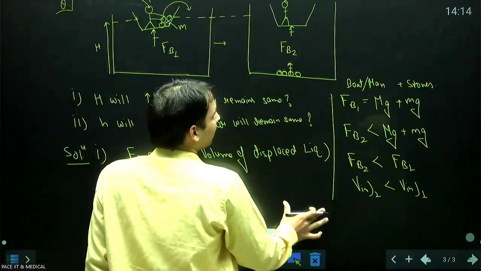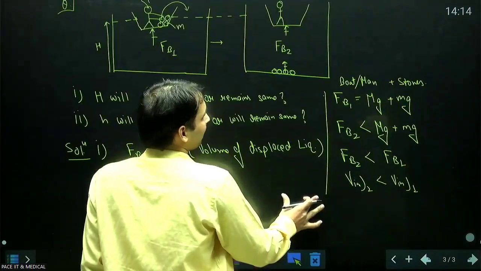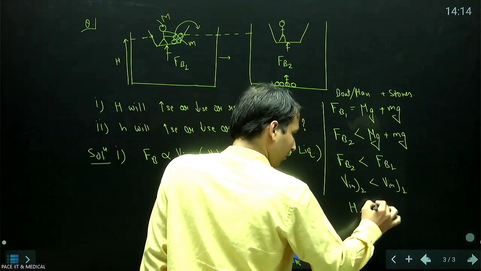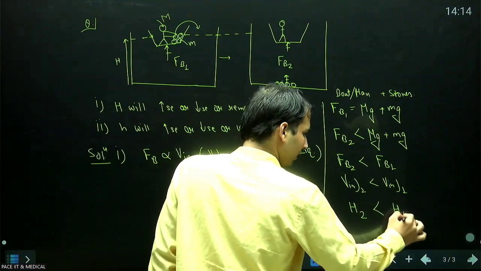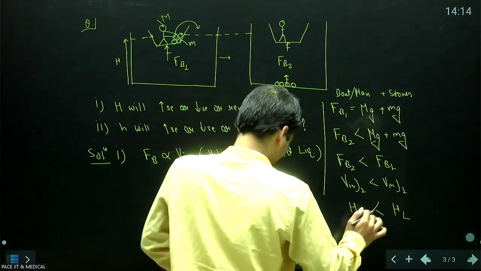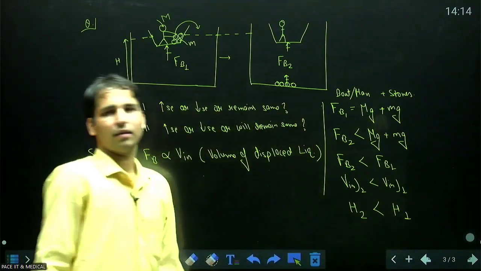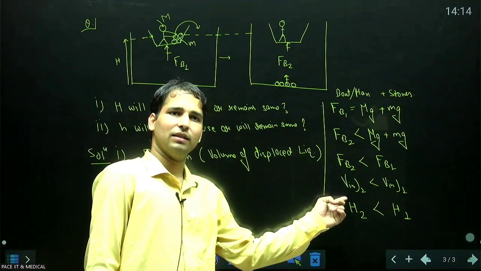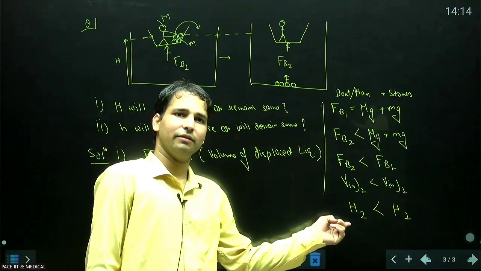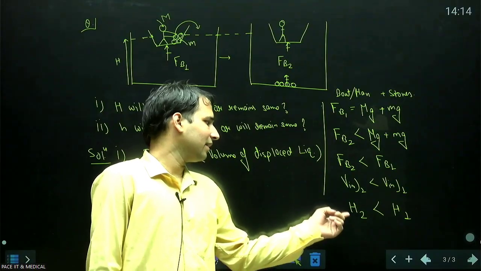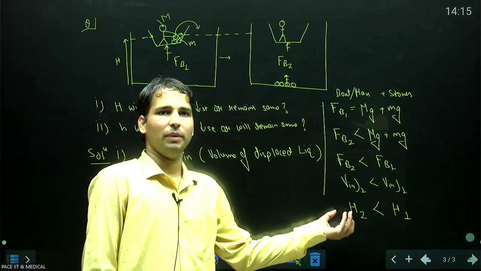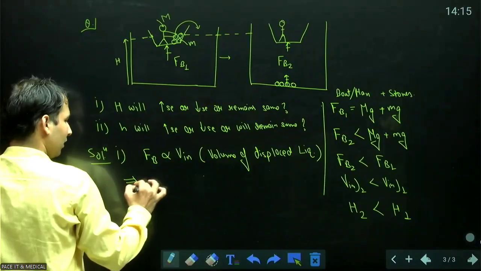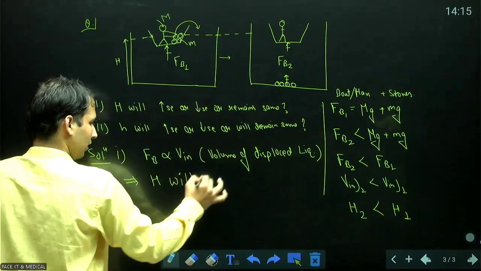Since volume is less, height in the second case will be less than height in the first case. So we can say height will decrease. It will become less than the original height. Right? So the final answer will be capital H will decrease.